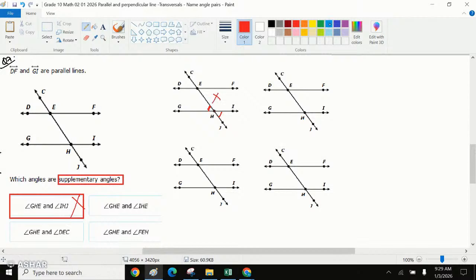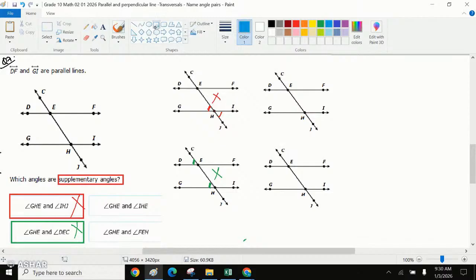The next option we have is GHE, DEC. Let's look at GHE and DEC. No supplementary angles yet, right? This is still not supplementary.